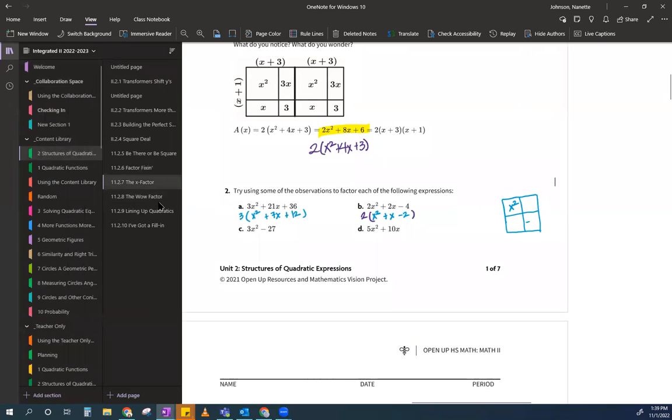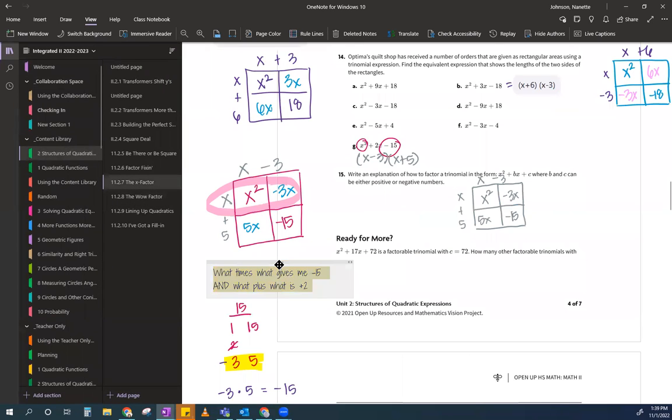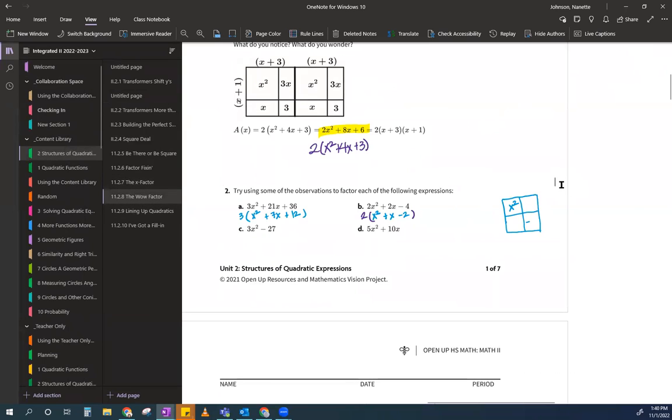I'm going to steal the question from over here, because this is so important. It's the what times what and what plus what. So what times what gives me -2, and what plus what gives me +1? And if you're wondering, it's these 2 numbers here, -2, +1.